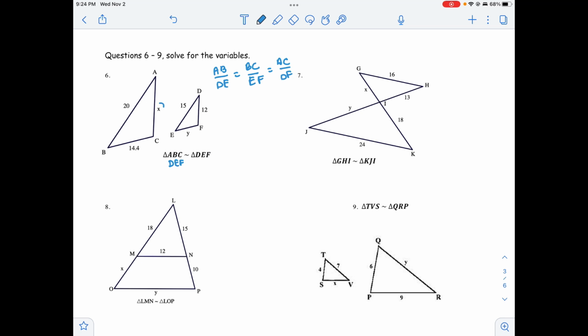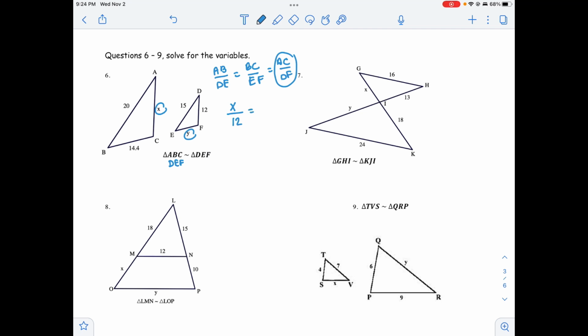So we have to find X and we have to find Y. So we know we're looking for 2 unknowns. So we've got to set up some situations so that we can find those. So if we're looking for A to C, which was where our X is, we can use this piece here. So A to C is going to be X over D to F, which is 12. And then we can set it up with another piece that is known.